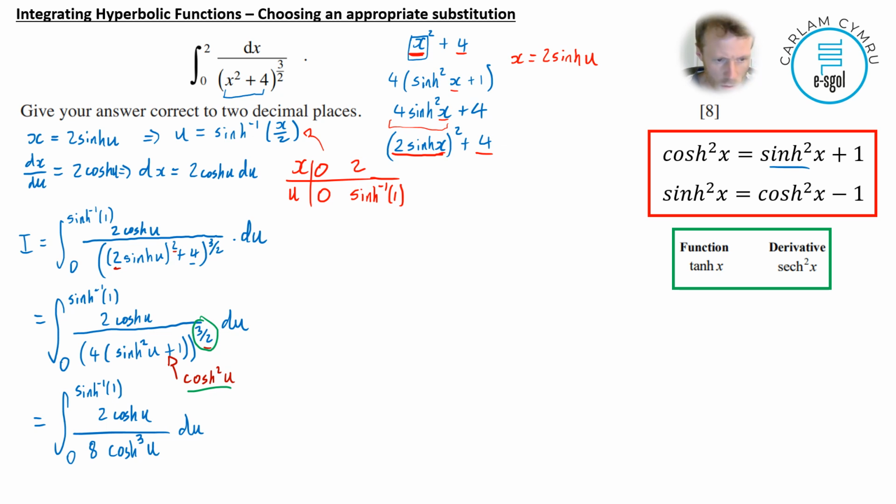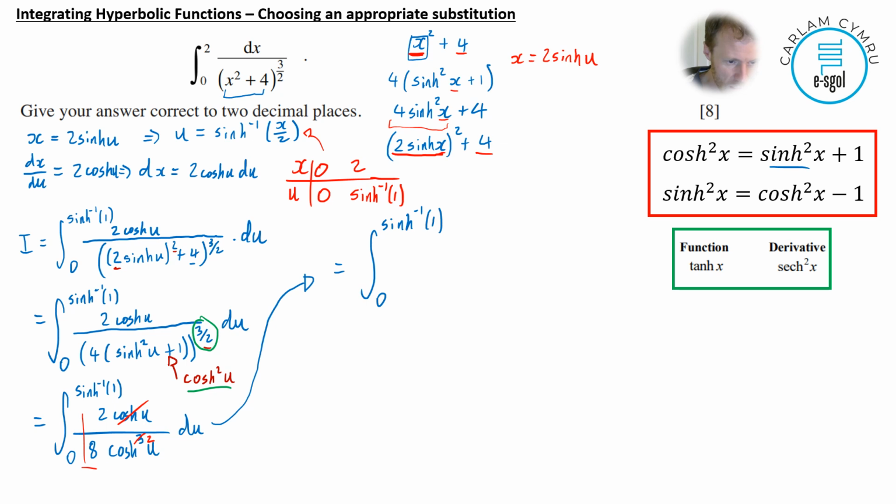I've got a cos on the top and I've got a cos cubed on the bottom, so I'm going to cross one of those off to leave with the cos squared on the bottom, and I'm going to just continue up here. It'd be nice if you could just continue down the page if you were doing this. So this gives us the integral between sine minus 1 of 1 and 0, and actually let's break this all up now.